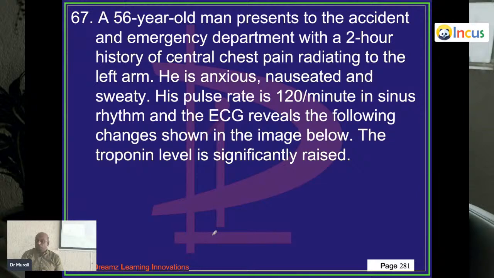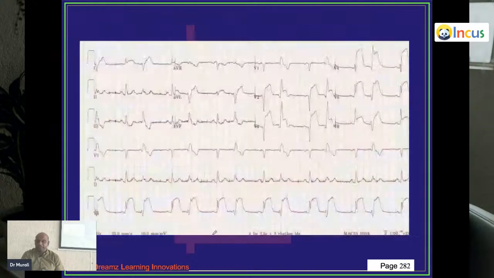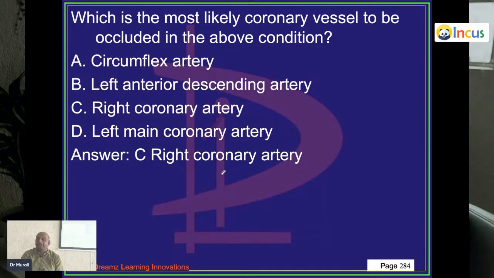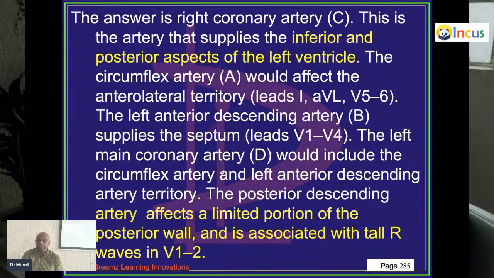A 56-year-old with a 2-hour history of central chest pain radiating to the left arm. ECG is showing ST segment elevation in V2, V3, right? And that puts the diagnosis to the right coronary artery.